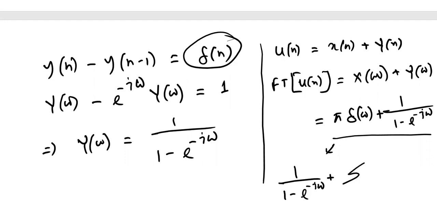I can write it this way: the sum for k from minus infinity to plus infinity of pi delta(omega plus 2 pi k) for all the cases, because whenever k is equal to 0, that shows the baseband, and for k equal to 1, it reflects to 2 pi.